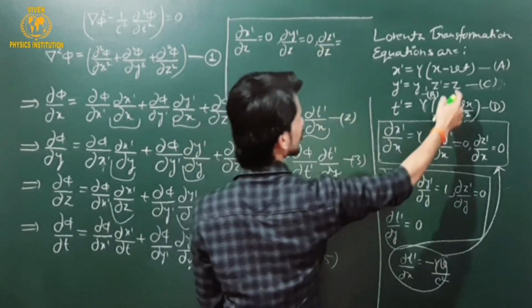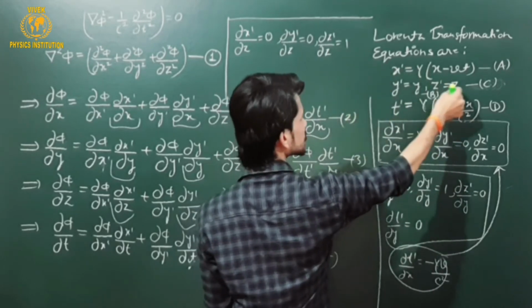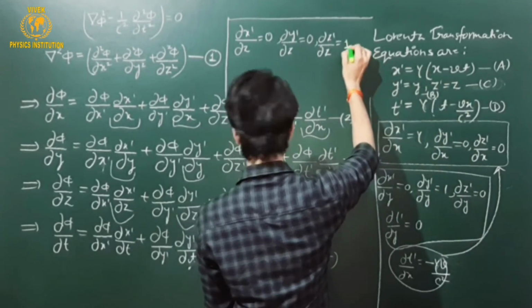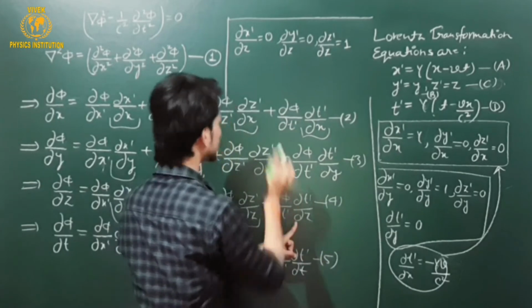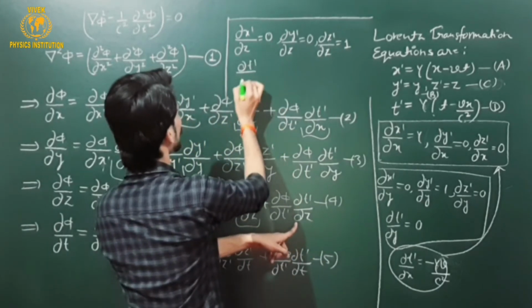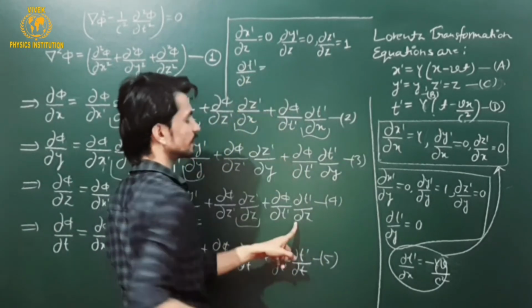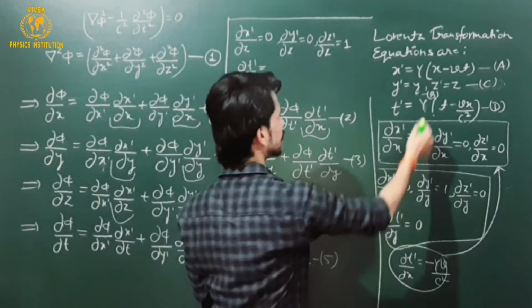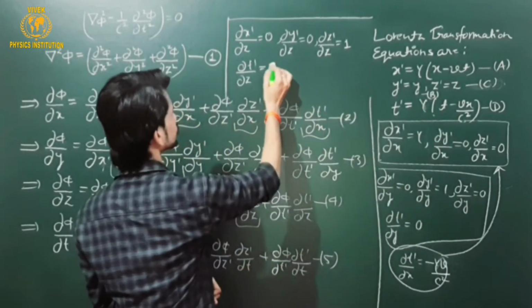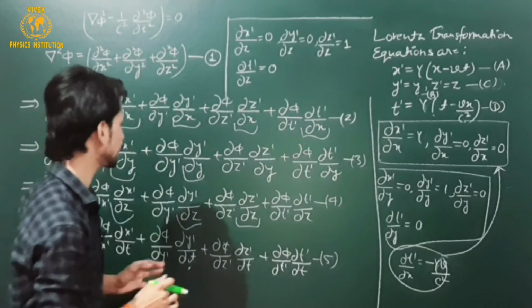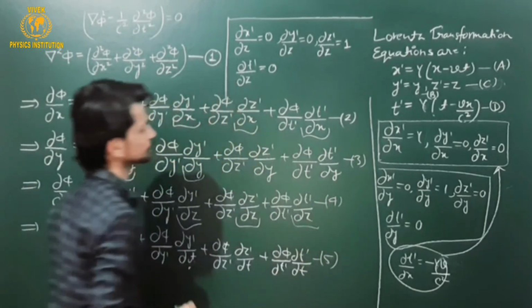This will be 1 because the differentiation of z' with respect to z is 1. Again the value of ∂t'/∂z, the differentiation of t' with respect to z, will be 0. Okay, so this is for equation number 4.